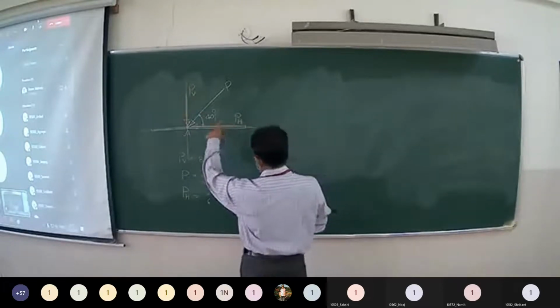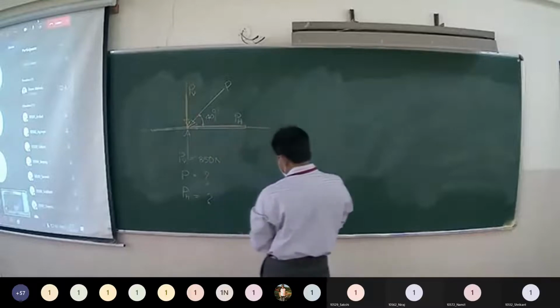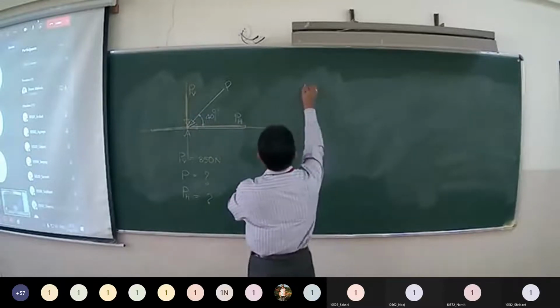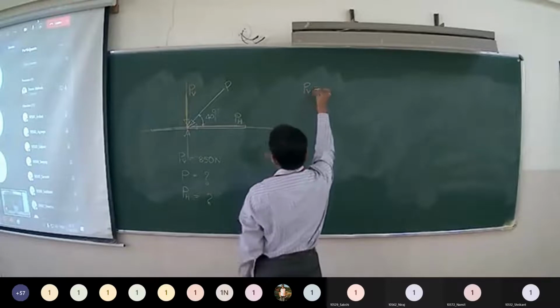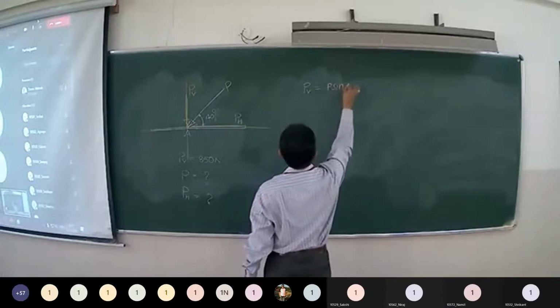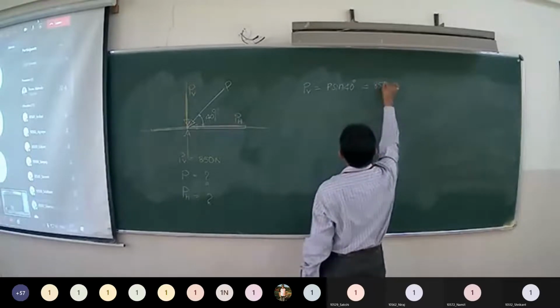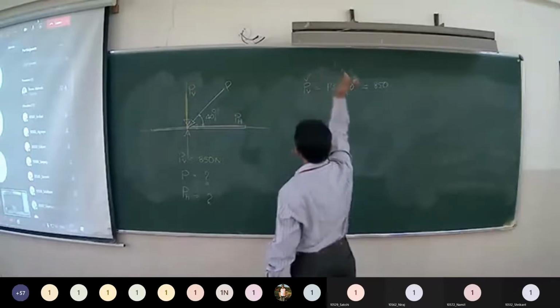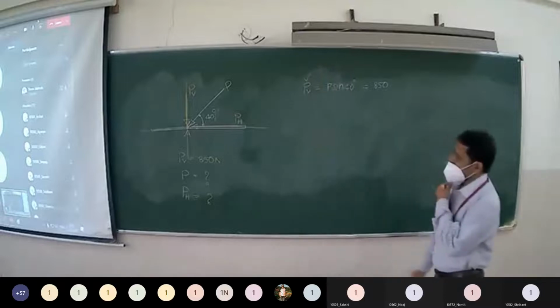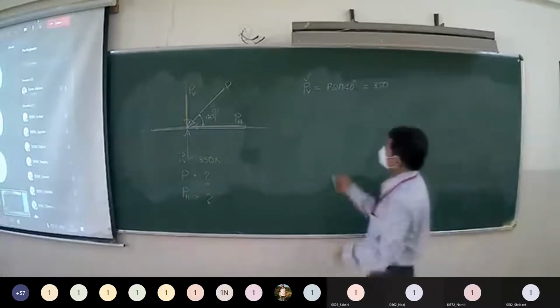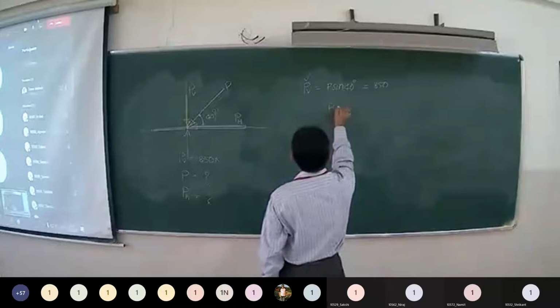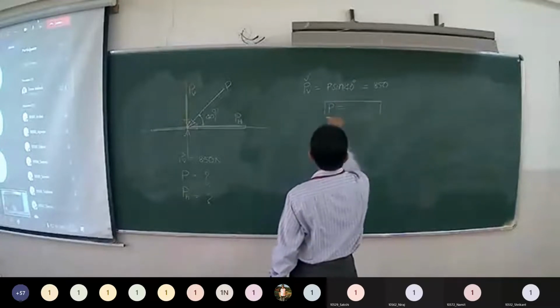So PH is equal to P cos 40 and PV is P sin 40. So the vertical component of force, P sin 40, is equal to 850, given. From this you can calculate the magnitude of force P.